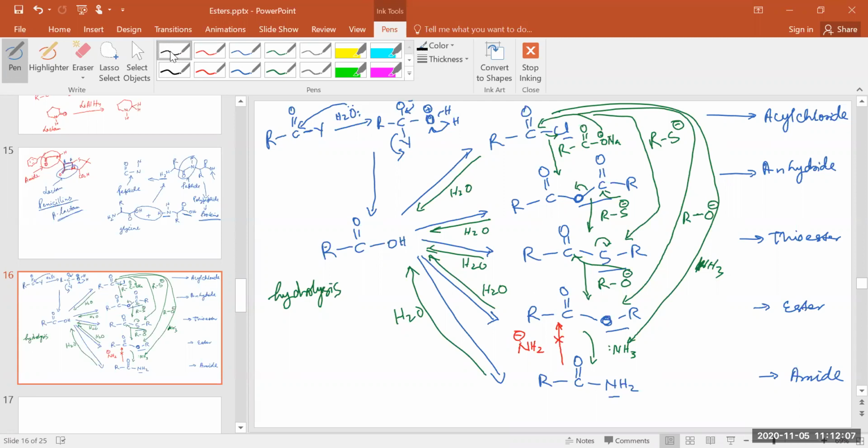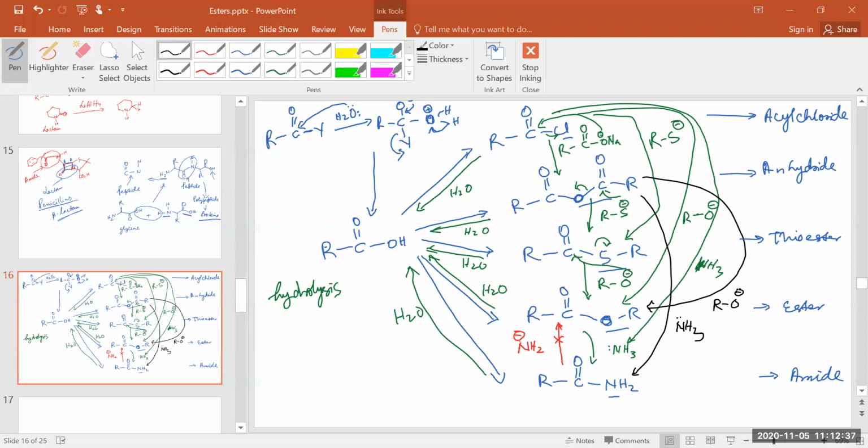So now you see anhydride to amide. You can make anhydride to amide directly by reacting with NH3 or NH2 minus. Similarly, anhydride to ester you can also make by reacting with an RO minus nucleophile.